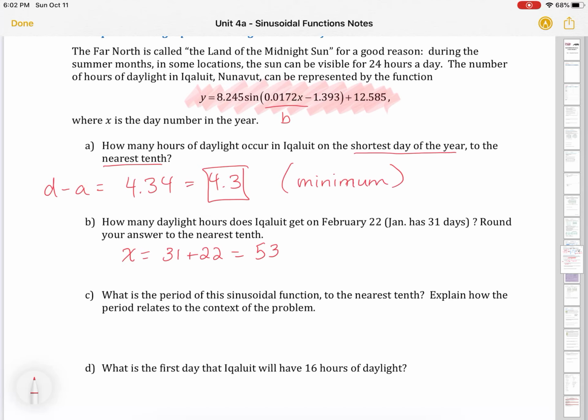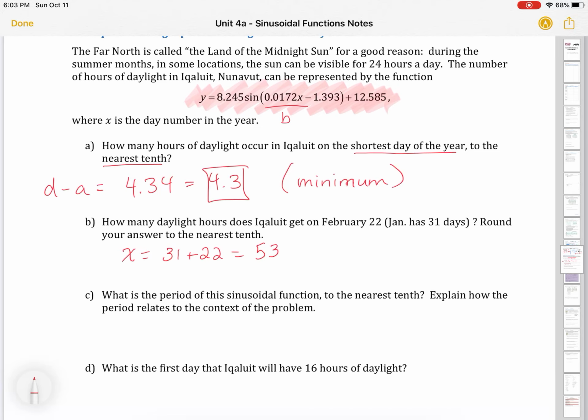So 8.245 times sine of 0.0172 times 53 minus 1.393, close those brackets, plus 12.585, and I got the wrong answer.